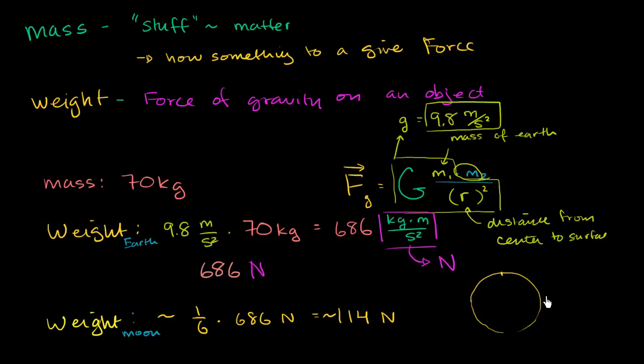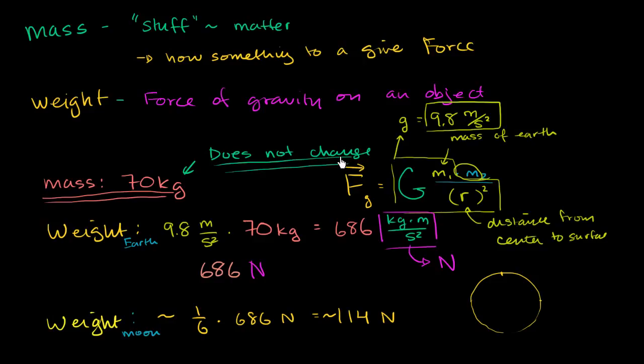If you went to the poles versus the equator, you would have a slightly different weight. Your mass does not change. It doesn't matter where you go, assuming that you don't have some type of nuclear reaction going on inside of you. Your mass does not change depending on where you are.